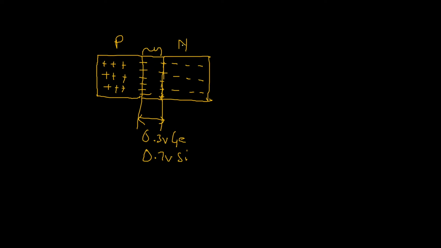That is, electrons from the N side will not cross over to P side, and holes from P side will not cross over to N type. So majority charge carrier crossover is stopped.